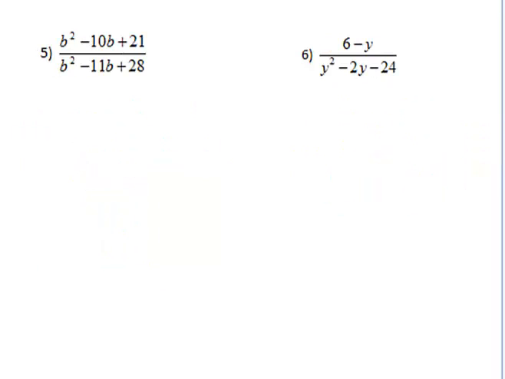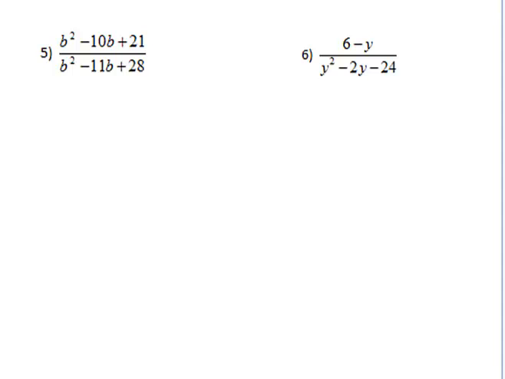All right. Number 5, b squared minus 10b plus 21 all over b squared minus 11b plus 28. So first off, are there greatest common factors in either the numerator or the denominator? No greatest common factor, okay.